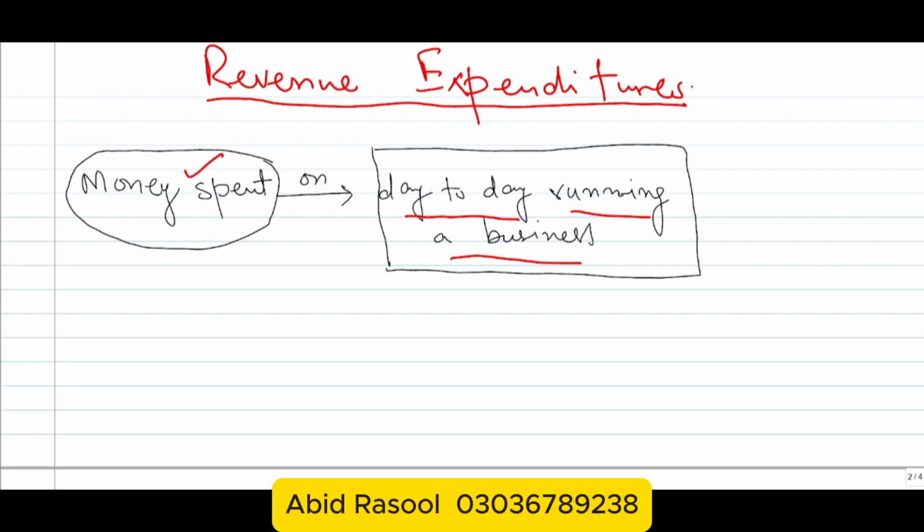And one clue of revenue expenditures is that all revenue expenditures are shown in the income statement. Any expense that we show in the income statement is a revenue expenditure too.